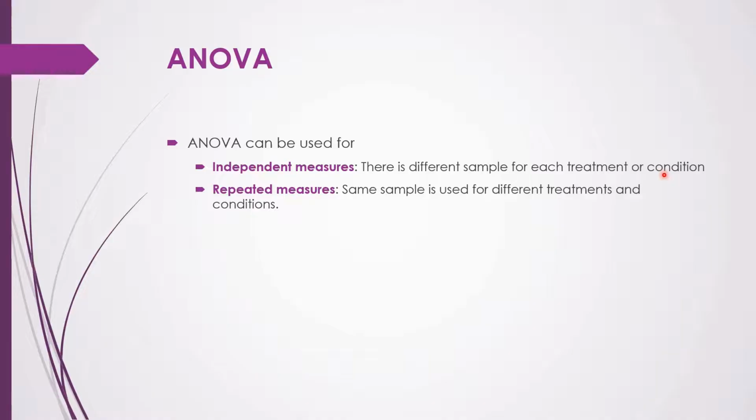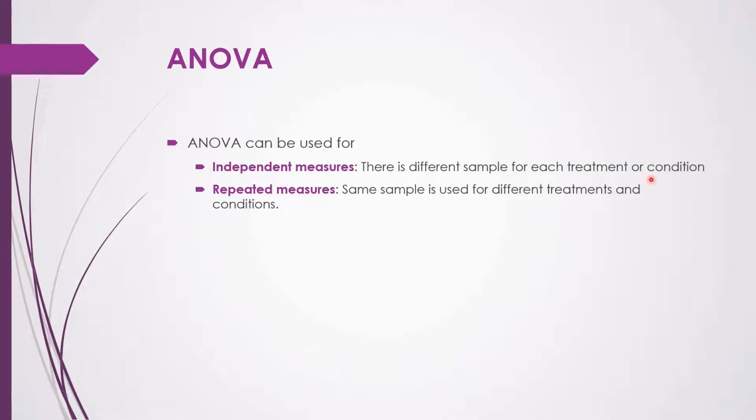The results will tell me how effective my teaching methods are compared to other methods that my first group of students have used. So in this method, I have different samples for each treatment or condition. This is independent measure.